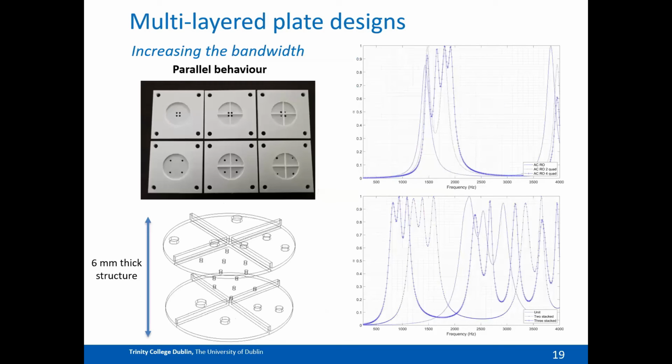So the main aim was just to take a very simple model and then apply partitions in between. So you're decoupling resonators and you're having them acting in parallel. So from this very simplistic design, then you can aim to do some proper optimization and get more complex structures, and you're increasing the bandwidth.